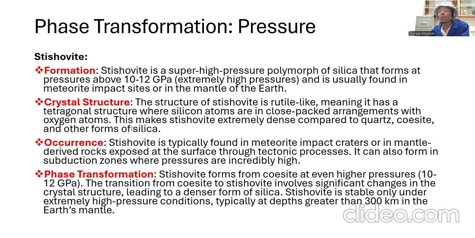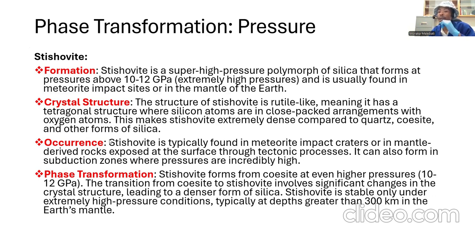Okay, so you must always know that when atoms are closely packed, you're going to have what you call high density, okay? Because temperature is not playing a major role here, but pressure is.